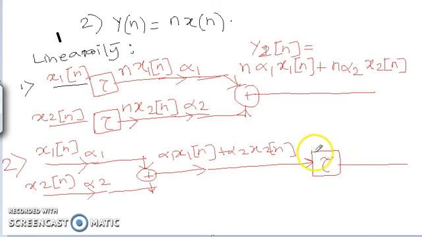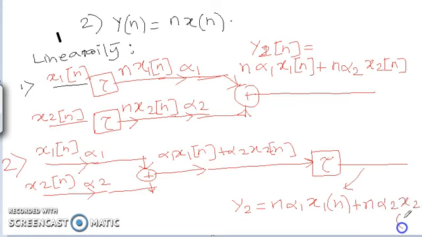What is the transfer function going to do? The input coming here is multiplied by n. So the final output y2 becomes n times alpha 1 x1[n] plus the same n multiplied with alpha 2 x2[n]. So this is y2, and we know that this y1 and y2 are both the same.